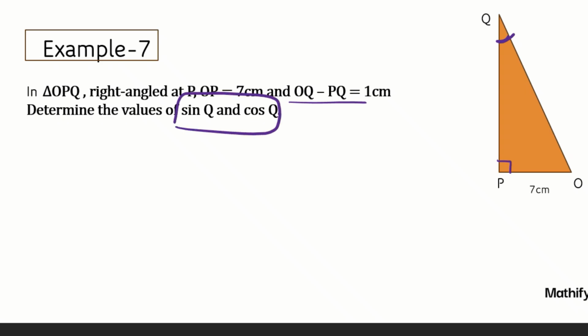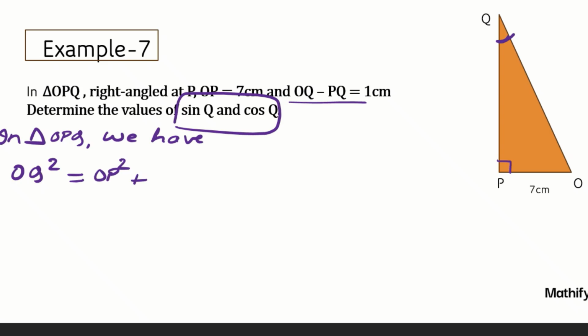So for this, what will we do? Here, first, in triangle OPQ, we have OQ square is equal to OP square plus PQ square.